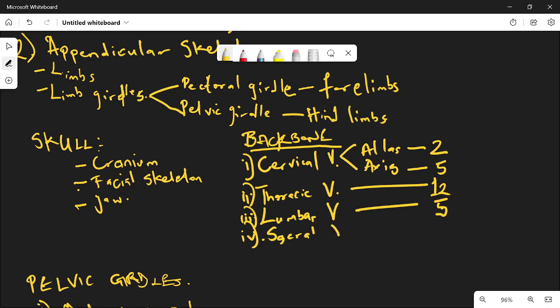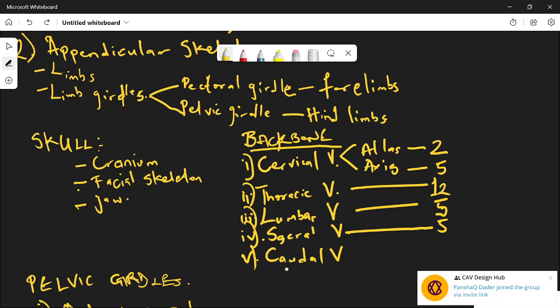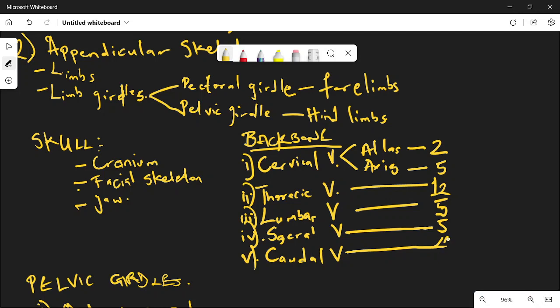The sacral vertebrae also has a total of 5 in man. And the last one, which is called the caudal. The caudal vertebrae has a total of 4 bones. So if you add all of this together, you find out that it has a total of 33 bones.